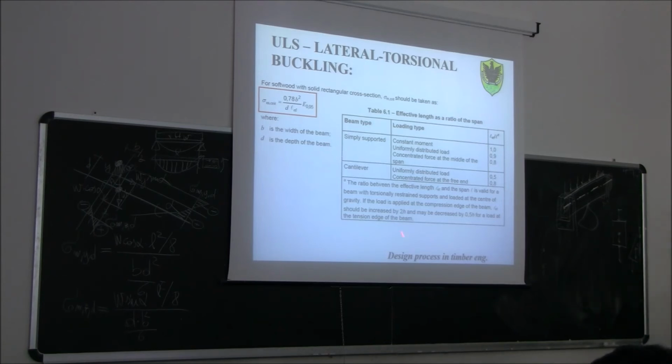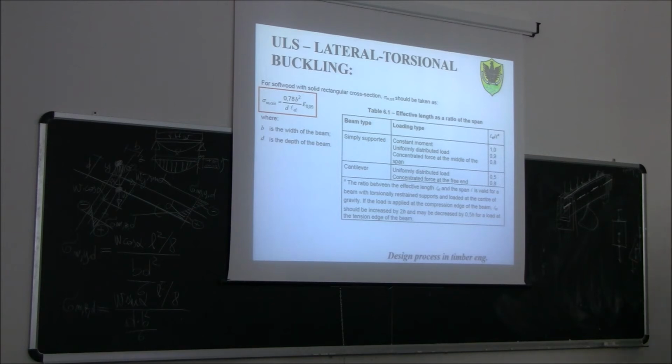So for this reason, if you read here, if the load is applied at the compression edge of the beam, which is 90% of the cases, L_ef should be increased to take into account that we have a worse condition. By how much? Twice the h, so twice the depth of the beam, and may be decreased by 0.5 h for load at the tension edge of the beam.